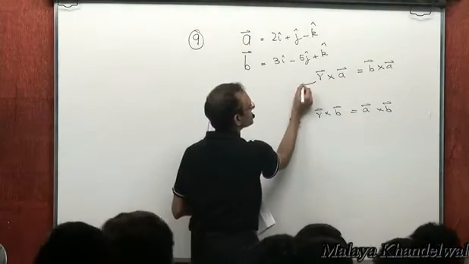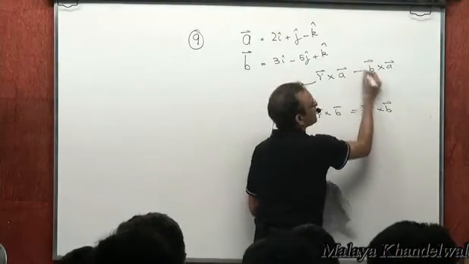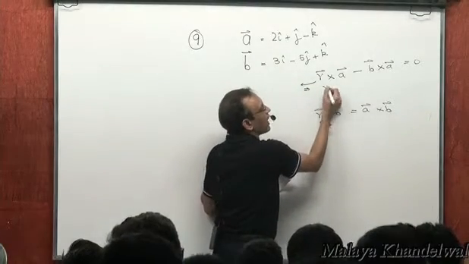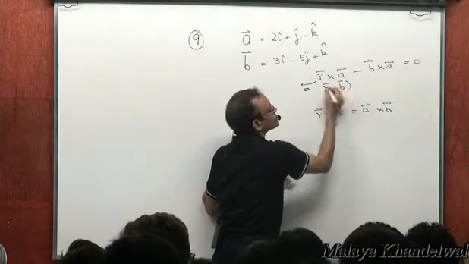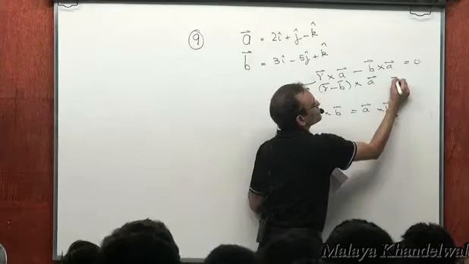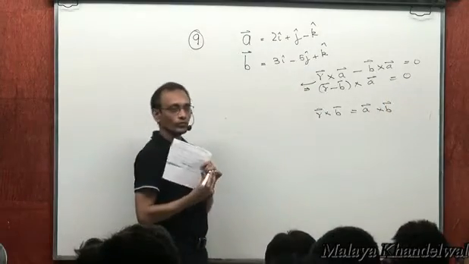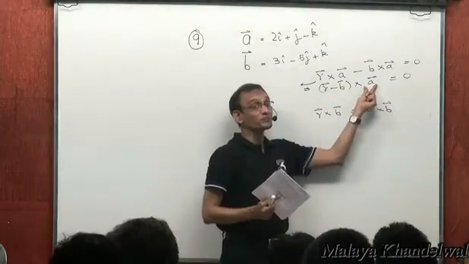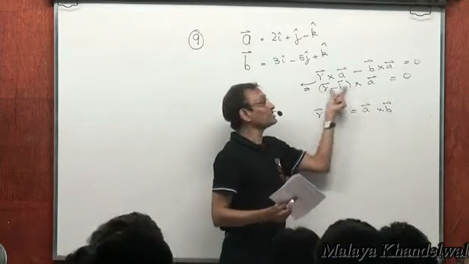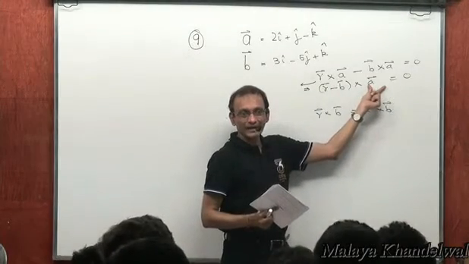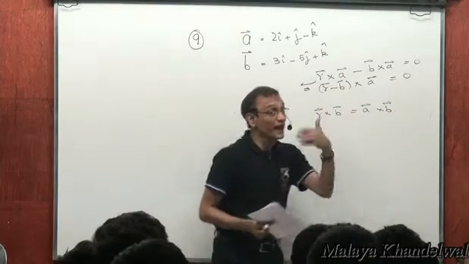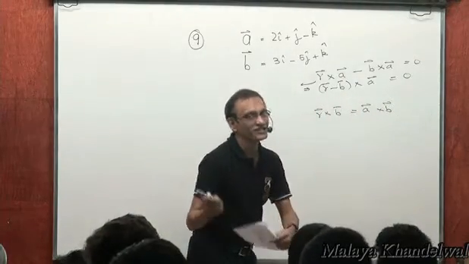Why do you think this represents a line? If I do this minus this equal to 0, then this gives me R minus B cross A equal to 0, right? That means R minus B must be parallel to A. If the cross product is 0, that means R minus B must be lambda times A. Yes or no?